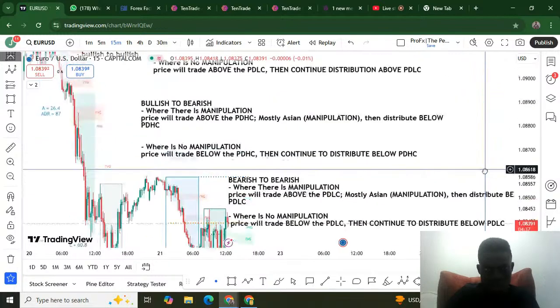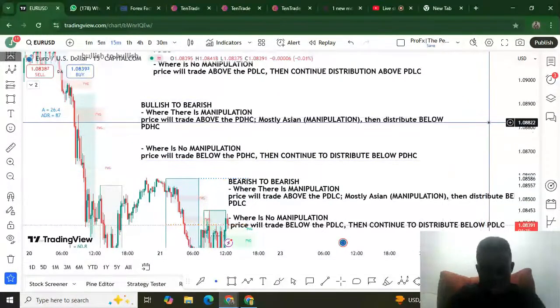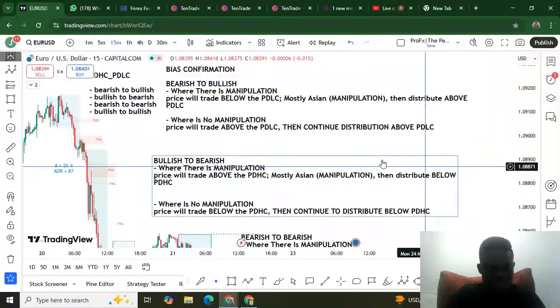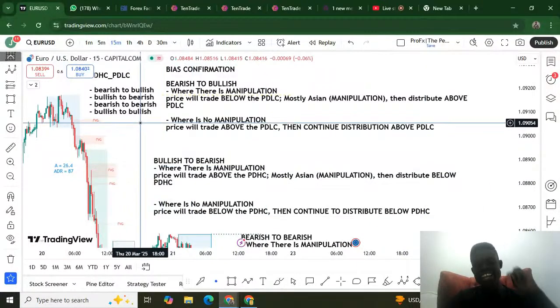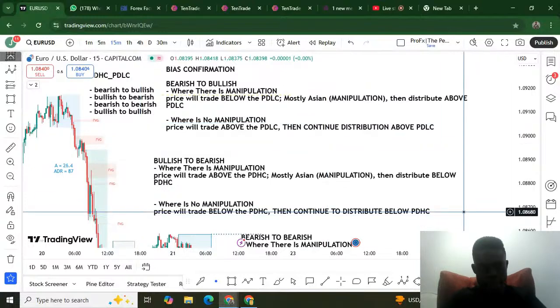Now, I will allow us to do the last one. Give me bullish to bullish where there's no manipulation and where there's manipulation. Everybody, give me bullish to bullish, no manipulation and manipulation.